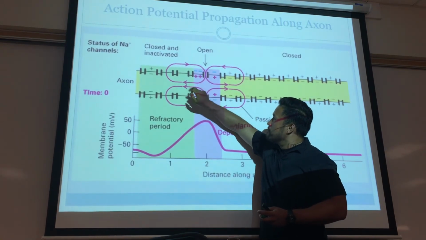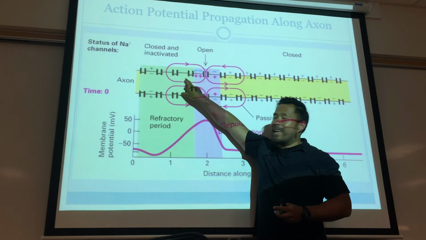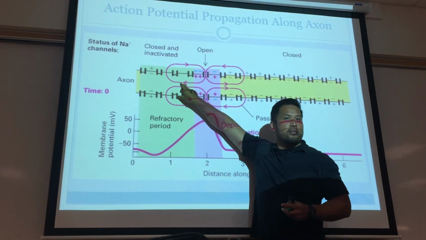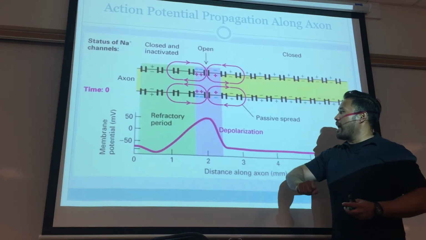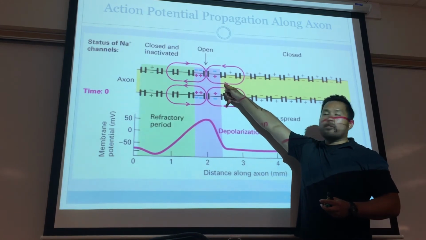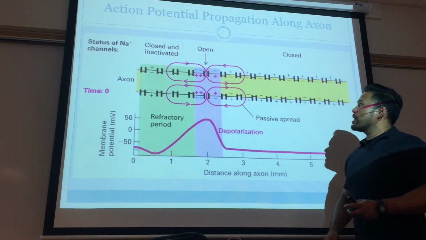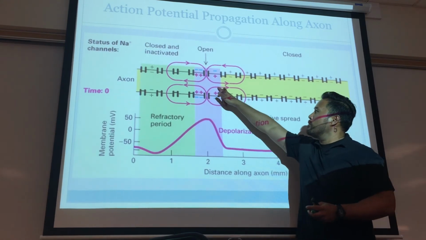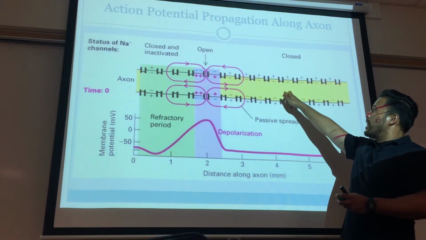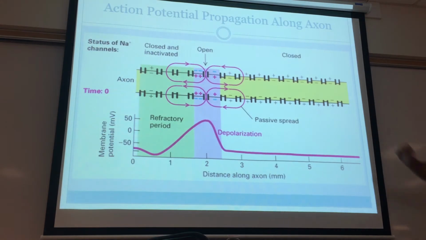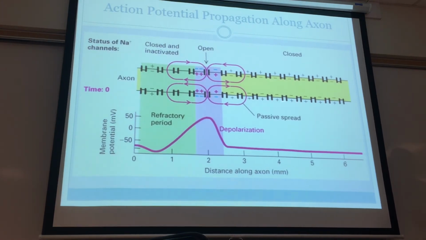At those points, if this is in refractory period, it cannot elicit another action potential. The only other place that can is an area that's not quite depolarized yet. So therefore, if you were to take a look at this fuse, it only moves in one direction. And that's what's going to govern the propagation of that action potential down the length of the axon.